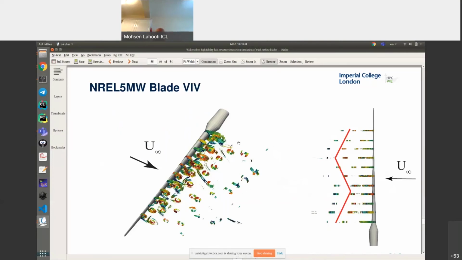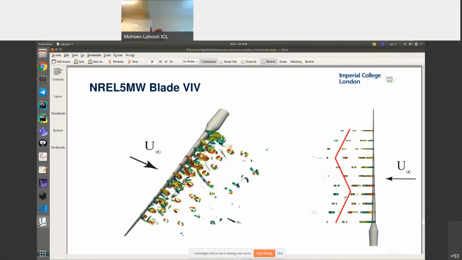As I showed, because the mesh is increased when we get far from the blade, the vortex is not that high quality here in terms of post-processing. Here I try to show this traveling of the vortices from the top view, which is more apparent.